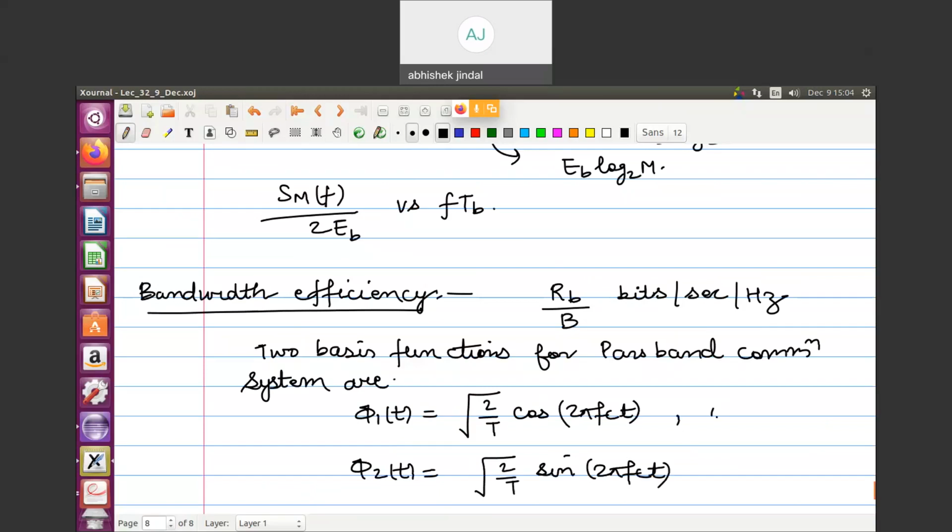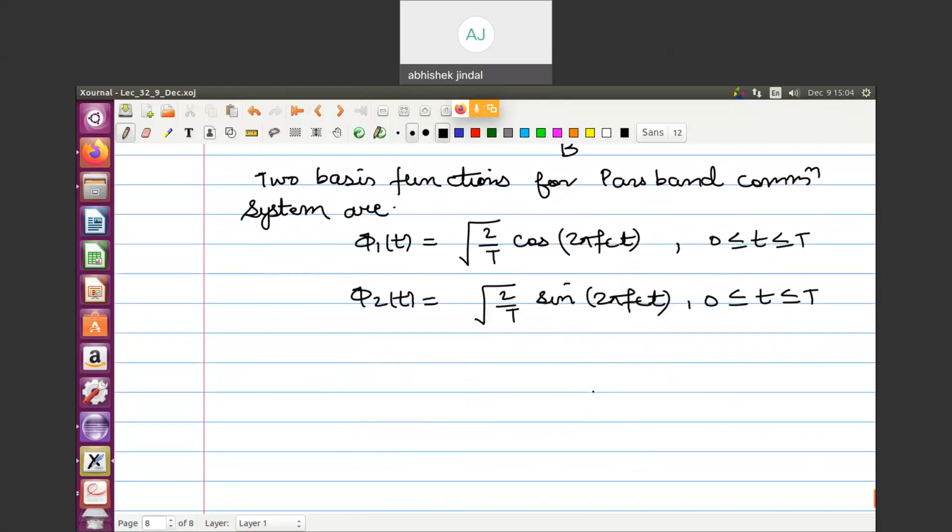Now realize that this is like a rect function, okay? So rect function gets multiplied with a cosine term, okay? So rect means it lies from 0 to capital T.